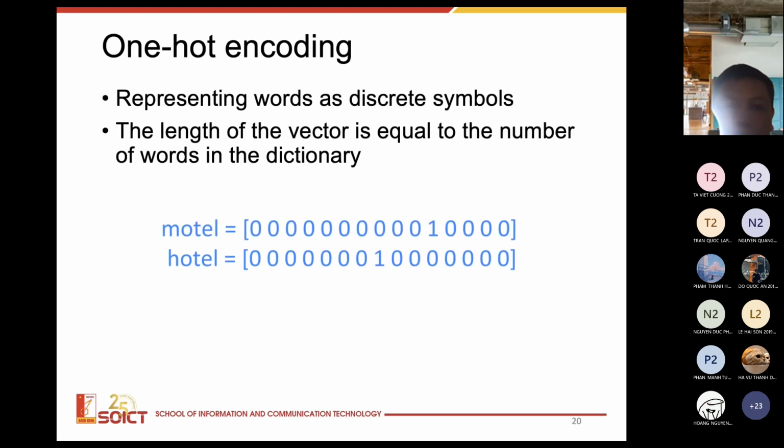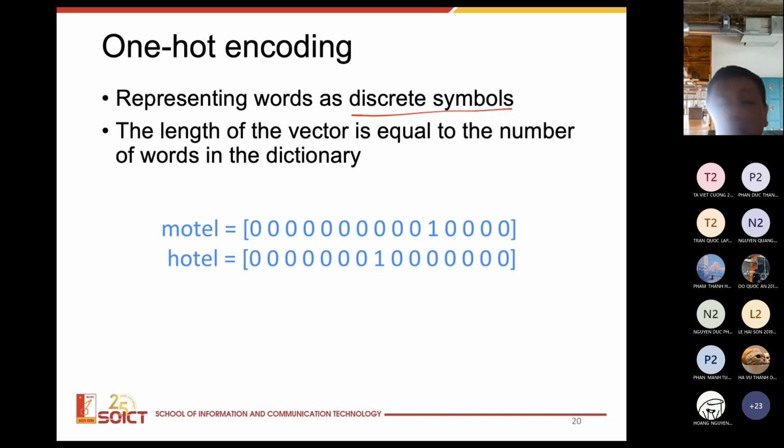Okay. So to represent words, we can use a very simple encoding. Its name is one-hot encoding. This mechanism represents the word as a discrete symbol, where every word is represented by a vector.